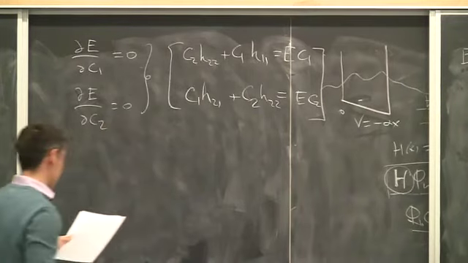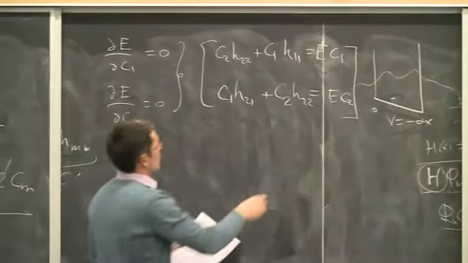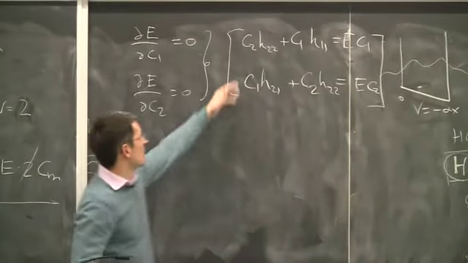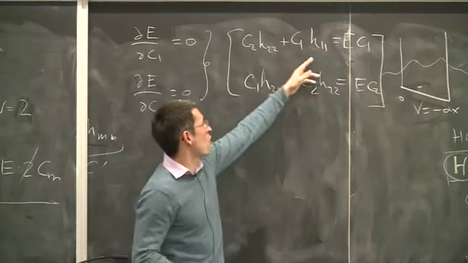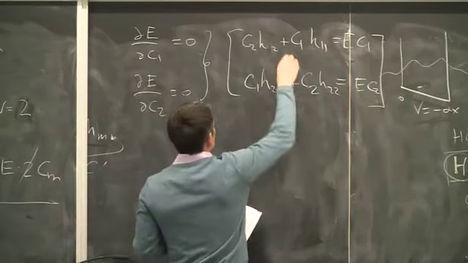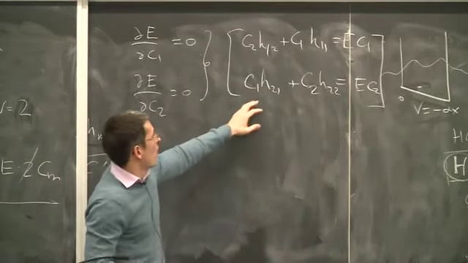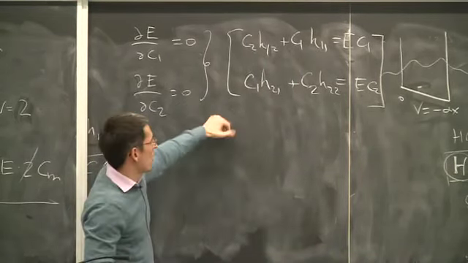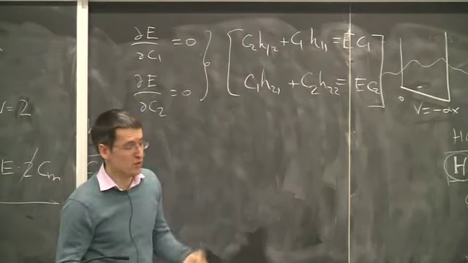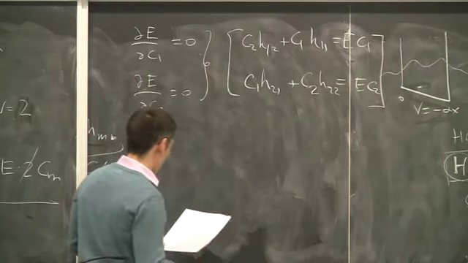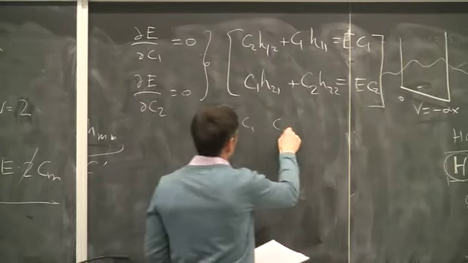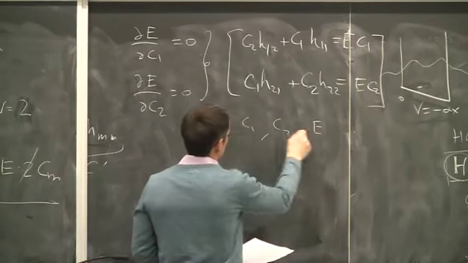These are the equations. Now we have potentially C1, C2, and energy to find. And the small h's, all these four numbers, this should be 1, 2. All these h numbers are known. Potentially, we can find them because we know the basis functions we're working with. So we have C1, C2, and energy to find, three variables.